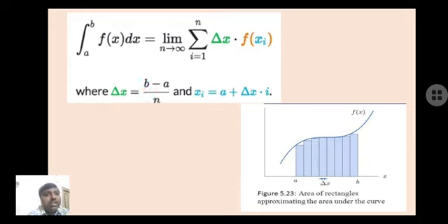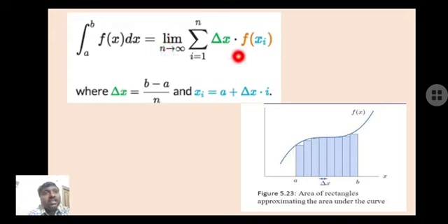So that means I partition the interval ab into n equal sub intervals. Each part is of length delta x. In general, the definite integral a to b f of x dx can be found as limit n tending to infinity summation i is equal to 1 to n delta x into f of xi.